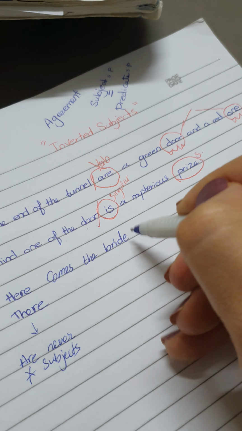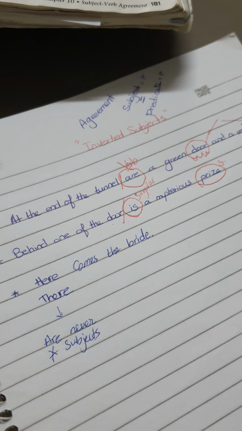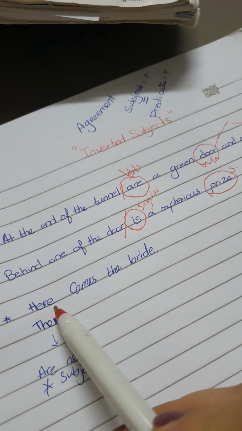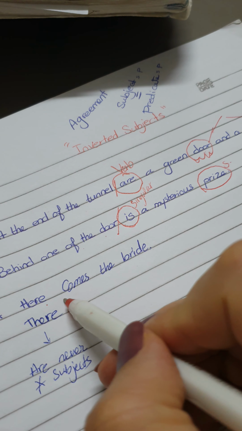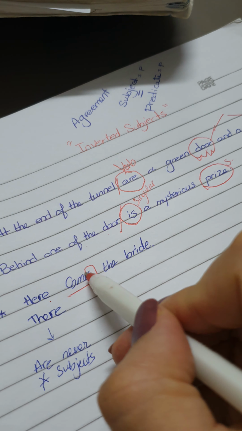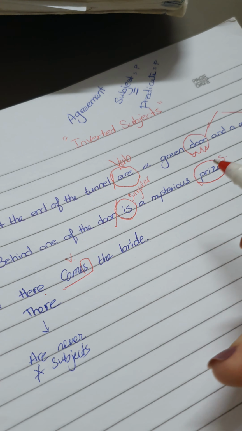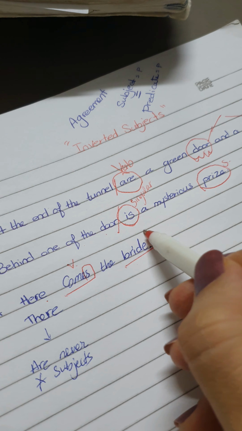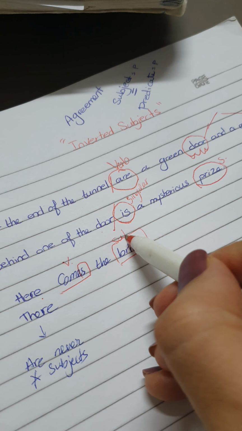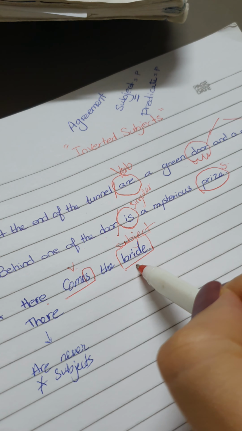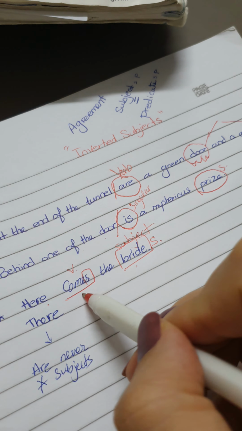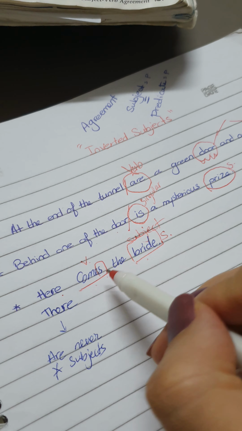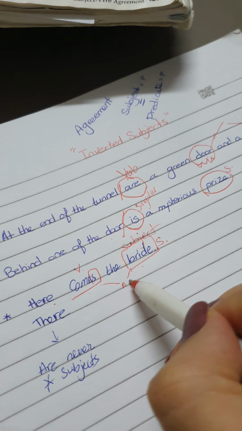Here comes the bride. Here is not a subject. Where is the verb, girls? Verb is comes. Ends in S. Who comes? Bride. Bride is the subject. Bride subject, singular. The verb is singular. Okay, so they agree together.